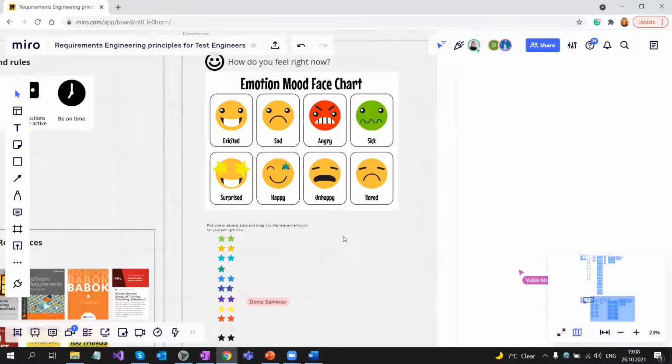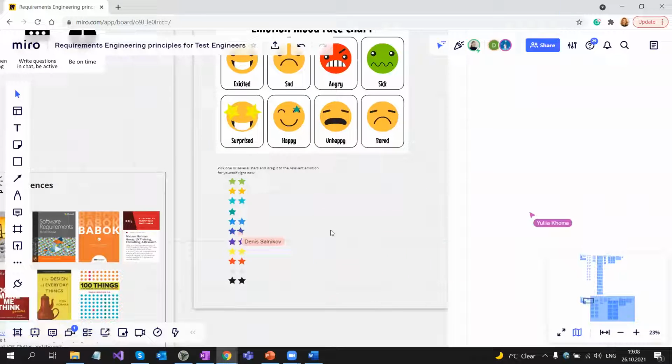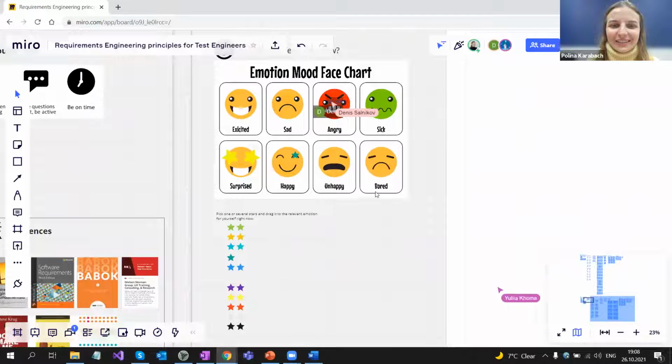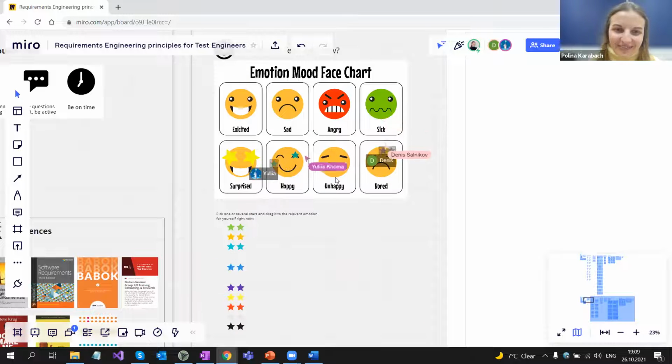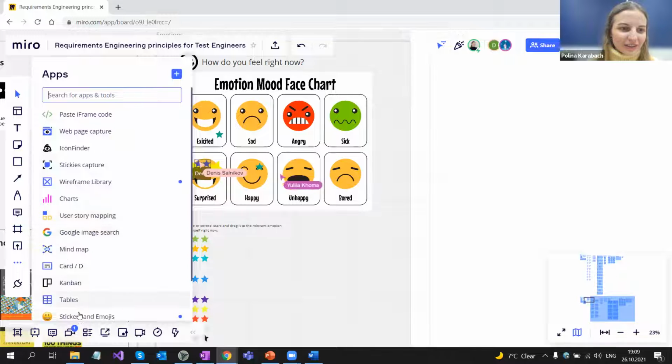I need one more, tired after working day. One more star? Well, you can take not one more star, one more emotion, like tired after working day. Ah, yeah, you're right. There's no tired. Unhappy is not necessarily tired. Yeah, tired, we could add one. There should be emojis here.